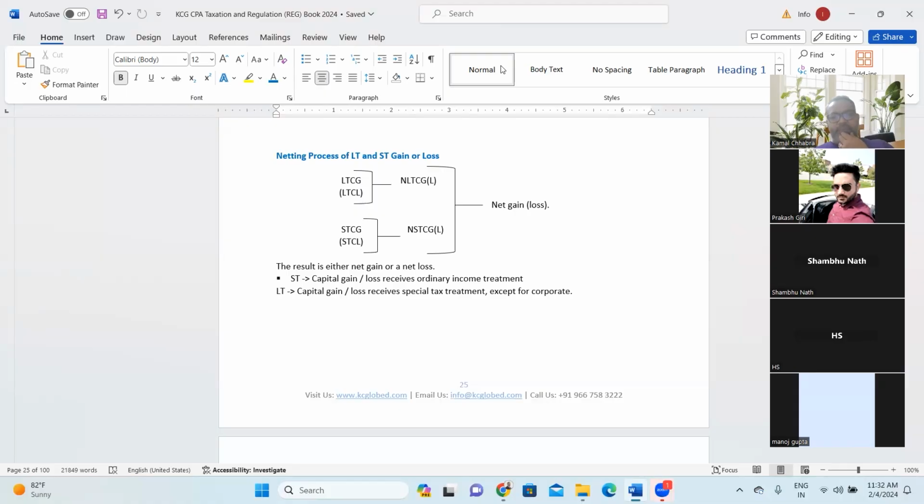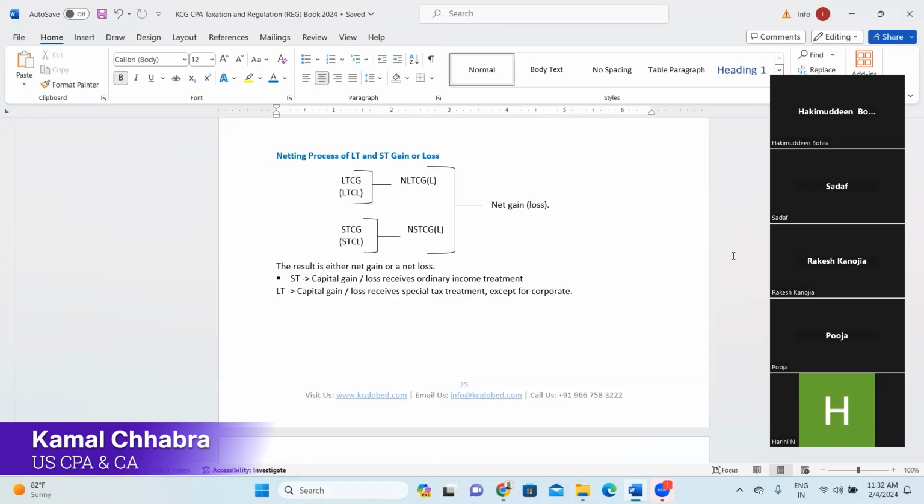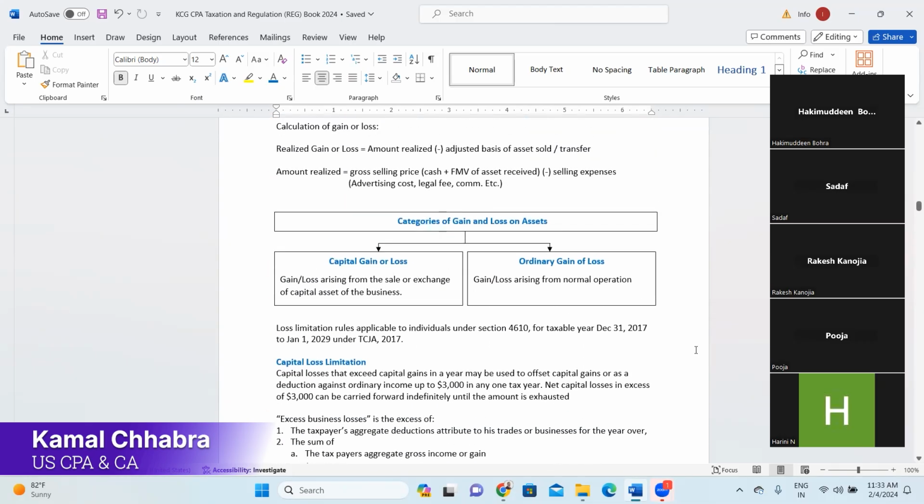Yes? Everyone comfortable? Manoj, Shambhu, Pooja. Sir, this content is not included in what you shared with us. No, I think this is only what I've shared. This is the next page. I am seeing we have only 4.1.6, and after that... Yes, sir.